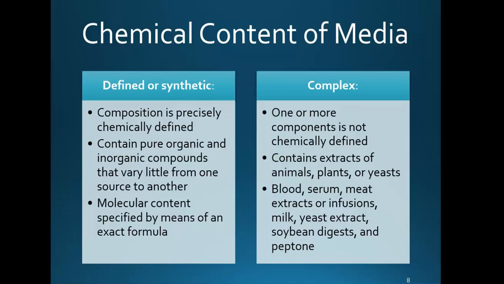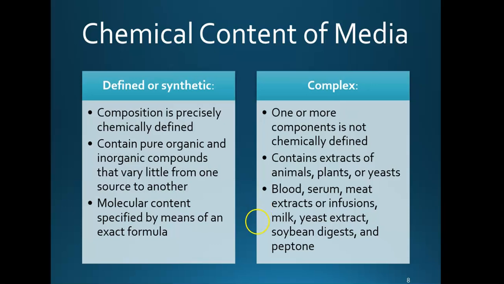Right, so we know exactly what is in that media, and we are using very specified amounts of each one of those ingredients. If we contrast that against a complex media, so complex media has at least one or more components that is not chemically defined. In other words, we don't know exactly how much of that component might be present.